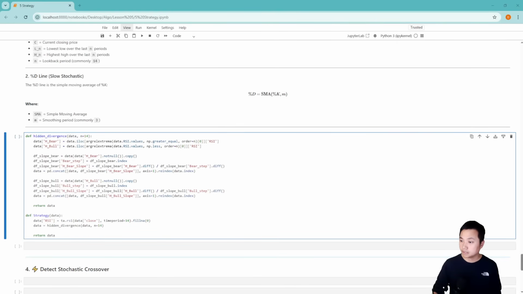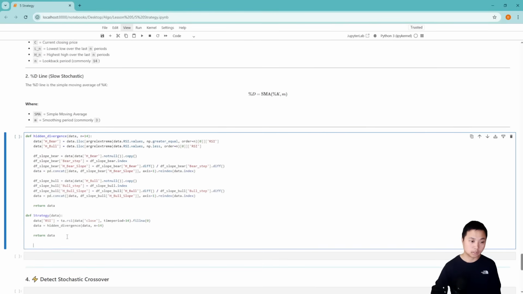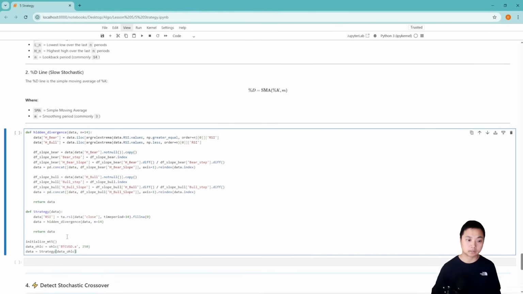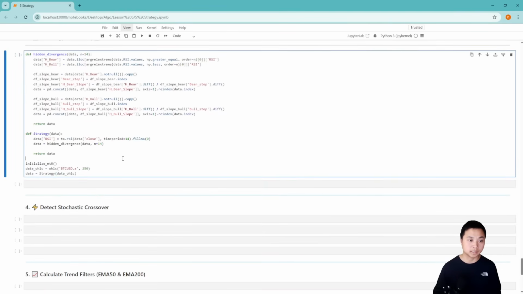And then let's initialize the MT5, connect to it, and retrieve some data points so that we can develop our strategy.